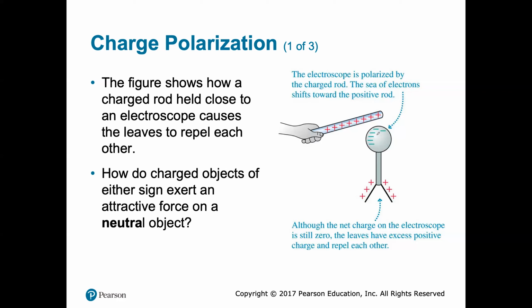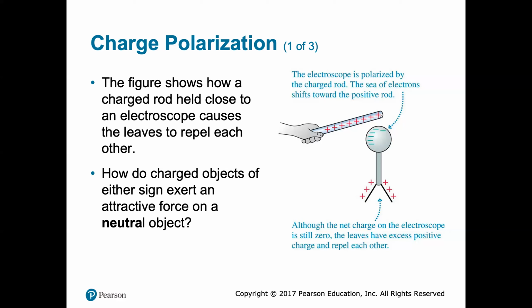What will happen? Let's take a positively charged rod as an example. At the beginning, the entire electroscope is neutral. However, it's a conductor, so the electrons move freely in it.